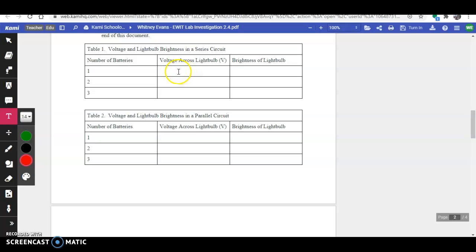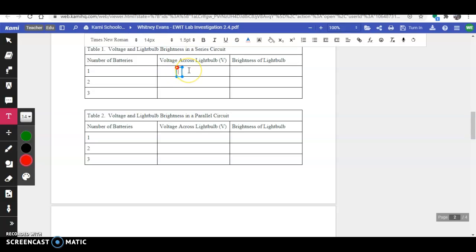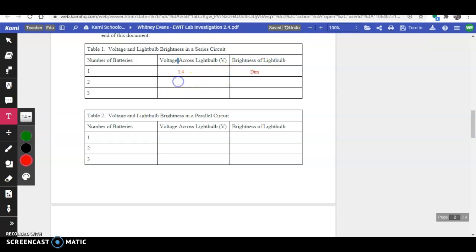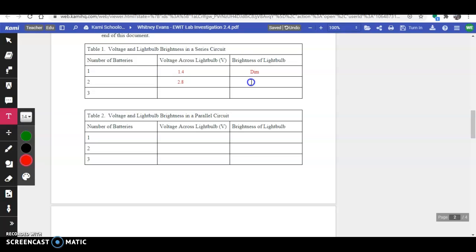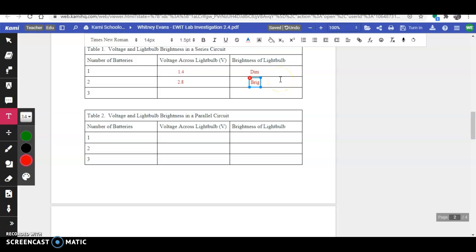So the voltage actually across the light bulb for one battery was 1.4, and we said that the brightness of that one battery caused the light bulb to be dim. With two batteries, our voltage was 2.8, and adding that additional battery makes the brightness of the light bulb bright.